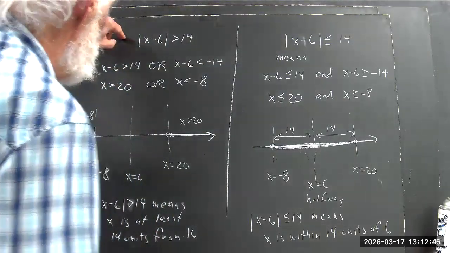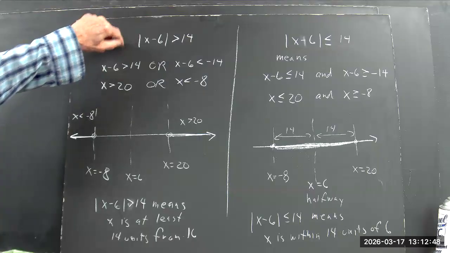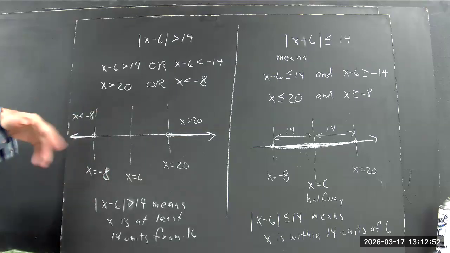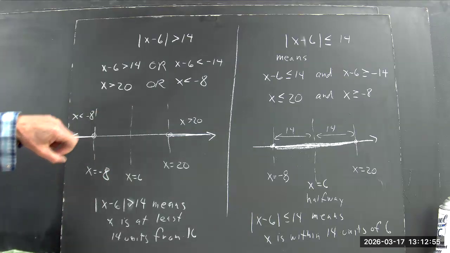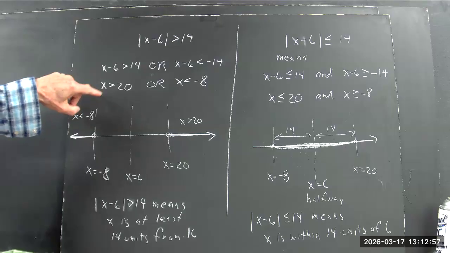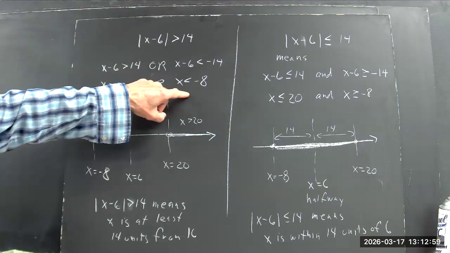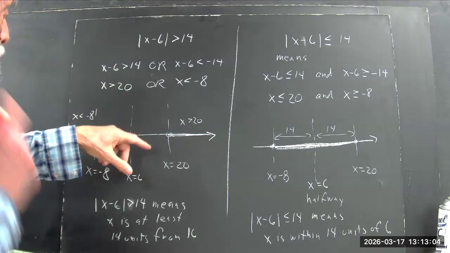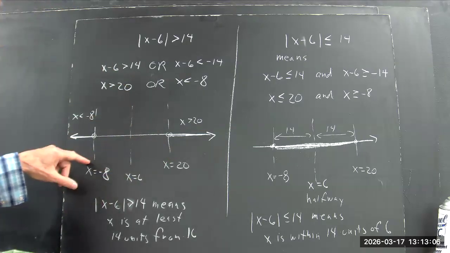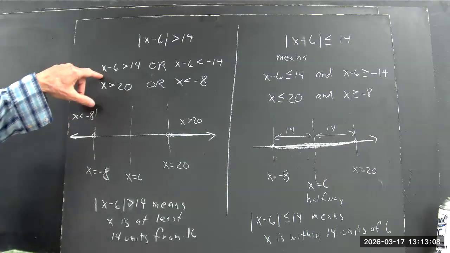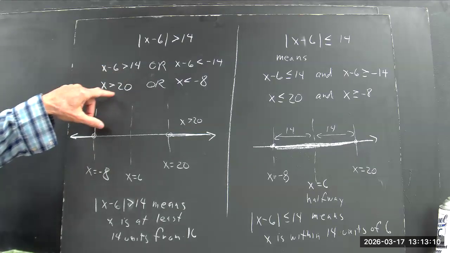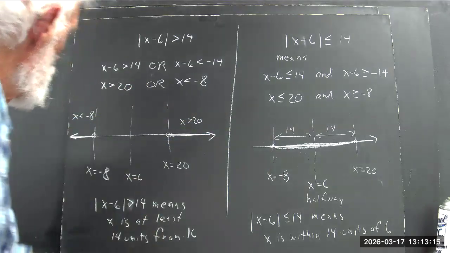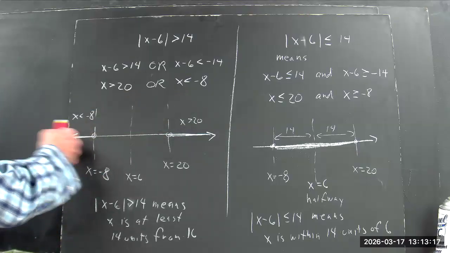All right. Now, this one, you write out the inequality using the rule I just gave you and that you're going to see in Open Math. You have an "or" between these. X is greater than 20 or x is less than -8. Well, here's x equals 20, here's x equals -8. x minus 6 is greater than 14 if x is greater than 20. So x has to be greater than 20 or it has to be less than -8.